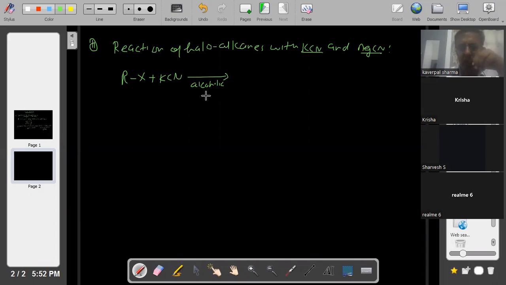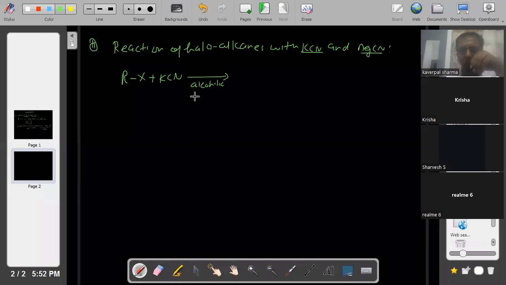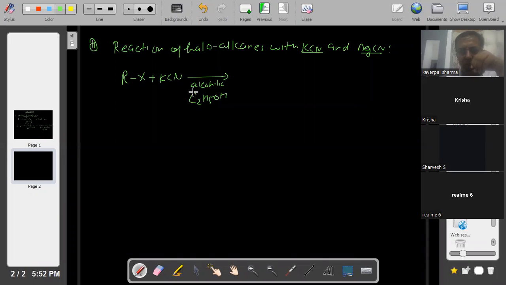In alcoholic, generally we take ethyl alcohol, that is C2H5OH. In this medium we carry out the reaction, or tetrahydrofuran or THF. This is also ether. In presence of alcohol or ether, anyone you can use here. If you do not remember the name of alcohol, simply write alcohol or ether.